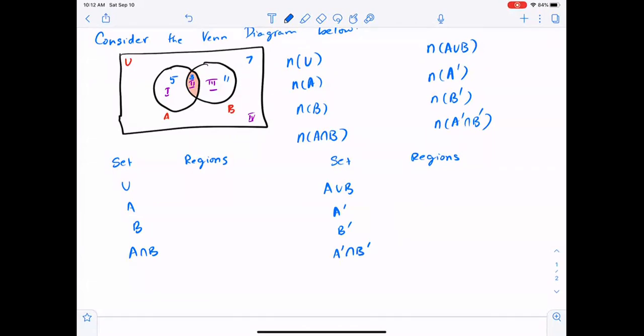Well, U contains all regions, so 1, 2, 3, 4. That would mean I've got to combine all the elements. So 5 plus 3 plus 11 plus 7. That would give me 26, the total.